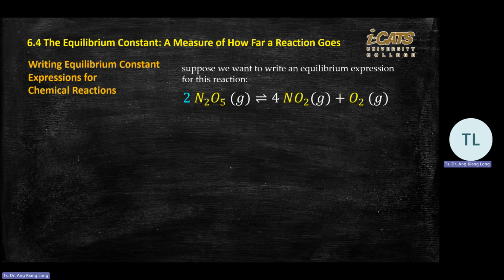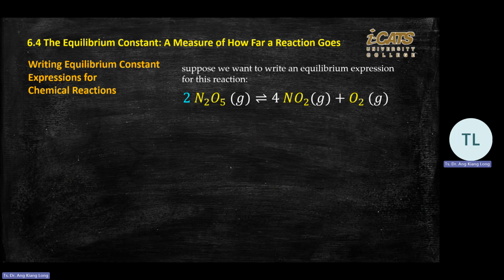Okay, like this equation. 2NO2 gas, reversible process, 4NO2 gas and O2. So again, you copy this equation in the test, and then you write the general equation.